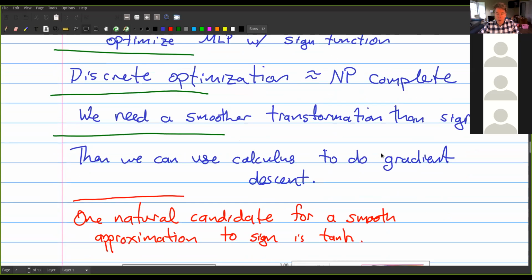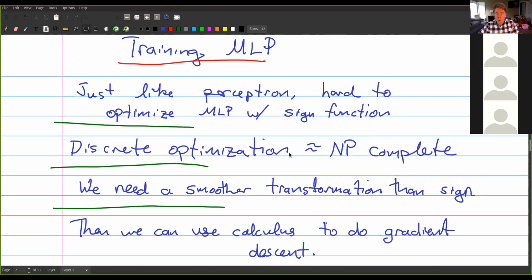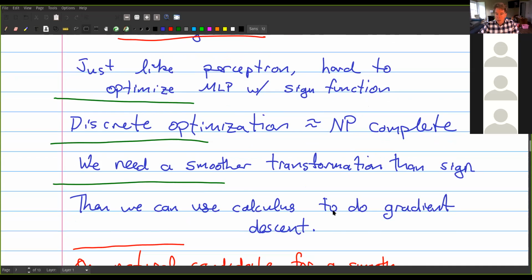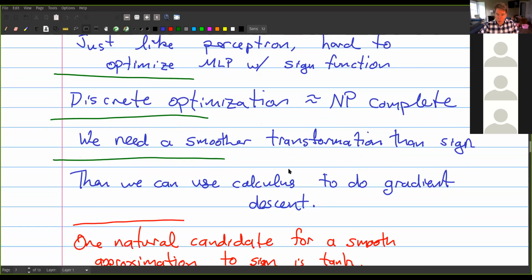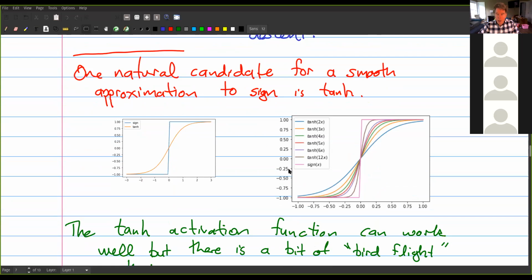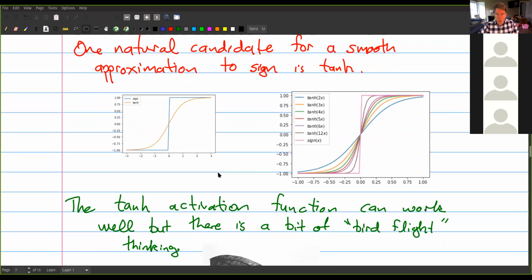Okay, so you can't optimize the multi-layer perceptron easily because the sign function is all or nothing, so it becomes an NP-complete optimization problem. So you want to soften the transition function so that you can do some kind of gradient descent. The book uses hyperbolic tangent, and that's what we're going to do.